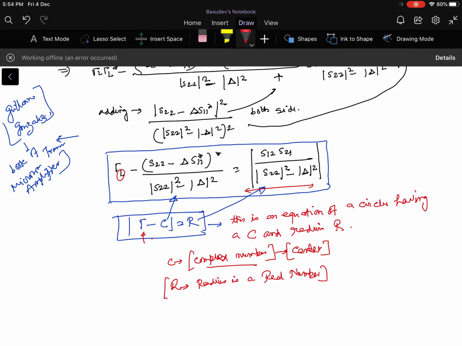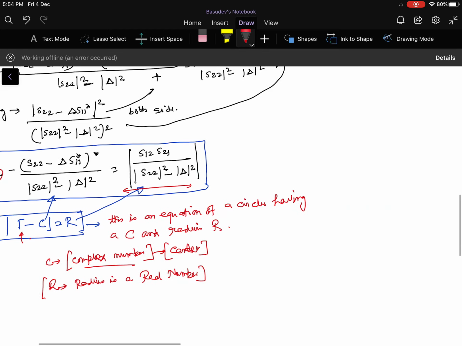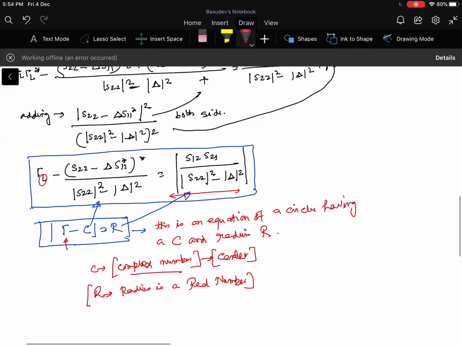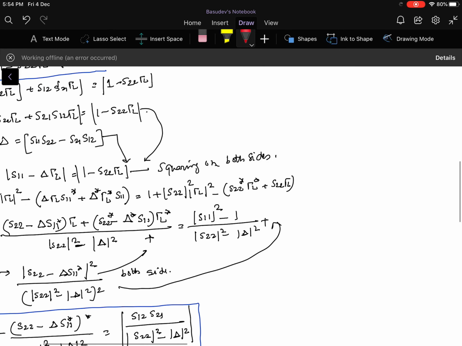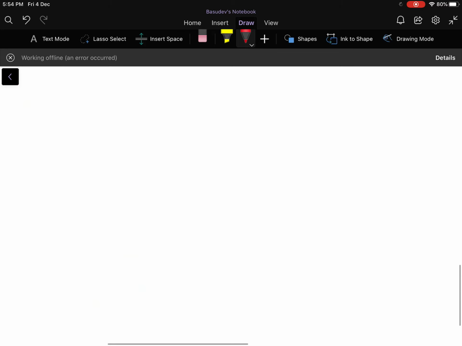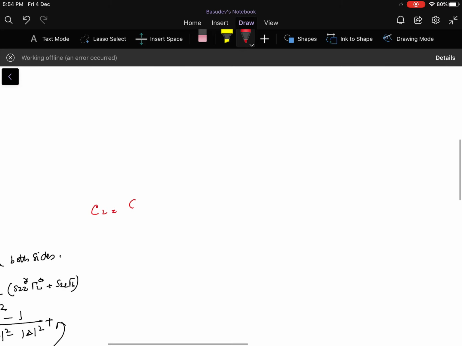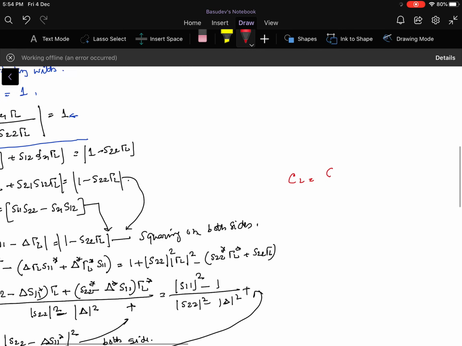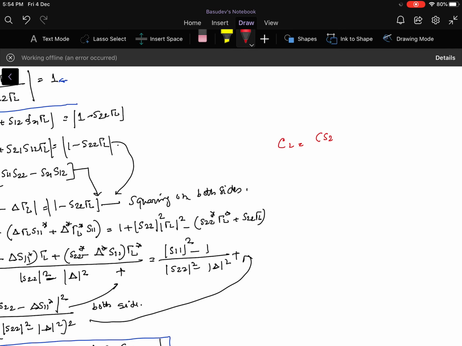So if I write separately here, I got my CL, which will be S22 minus delta S11 star, and mod of S22 square minus mod of delta square.